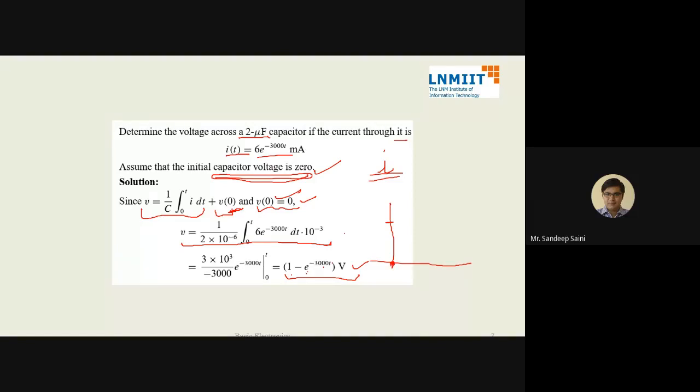And after that, as t increases, what will happen to this factor? Will it increase or decrease? Decrease. Okay, so initially it is 1, and slowly as t tends to infinity, this will tend to zero.